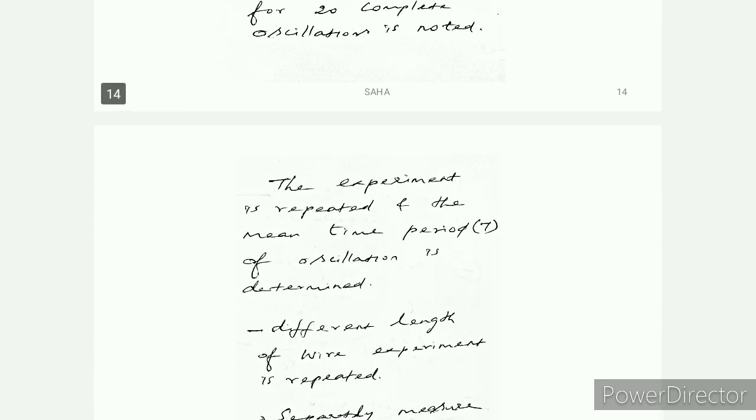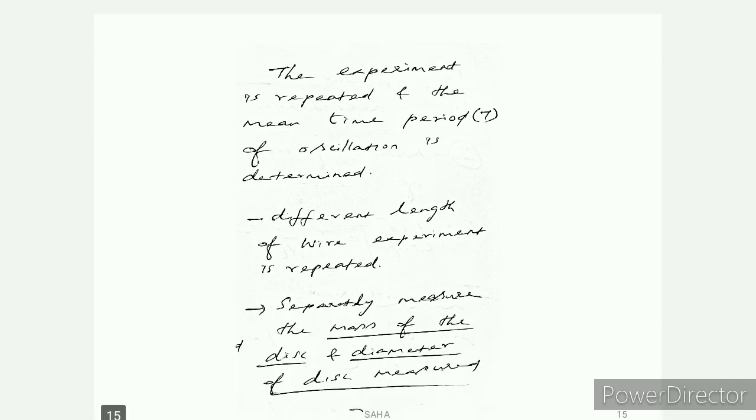Whatever readings we get, we note down in the table, that is the observation. The table has length, time for 20 oscillations, trial 1, trial 2, and mean value. We note down the readings for different lengths of the wire. The time taken for 20 complete oscillations is noted and the mean time period T of the oscillation is determined. The experiment is repeated for different lengths of the wire.